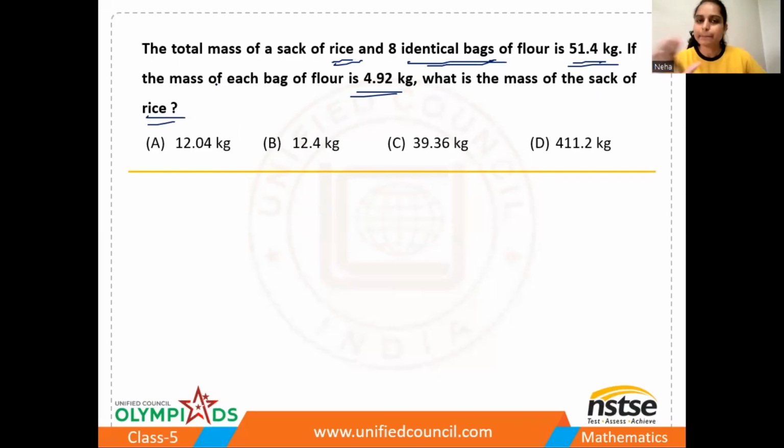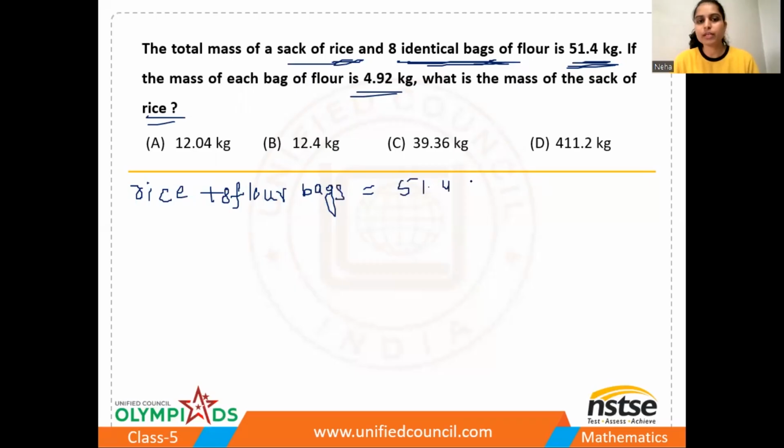So basically, in the first line, they are saying that the total mass of the sack of rice and 8 identical bags of flour is 51.4 kg. Okay, so the total mass for rice and flour bags, 8 flour bags, is given equal to 51.4 kg.